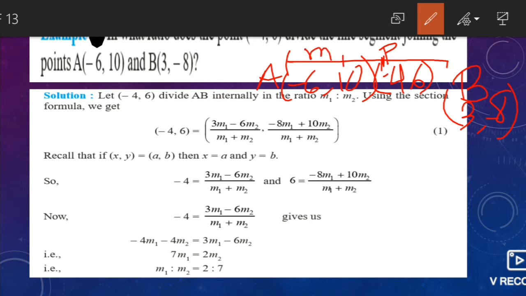You have to find the ratio. You don't know the ratio, so I am considering it as m1 is to m2. Let (-4, 6) divide AB internally in the ratio m1 is to m2.